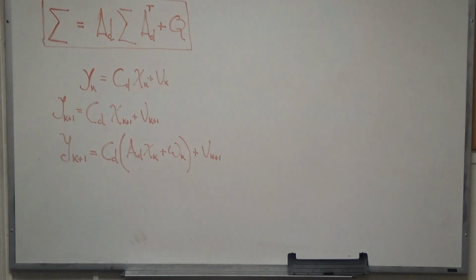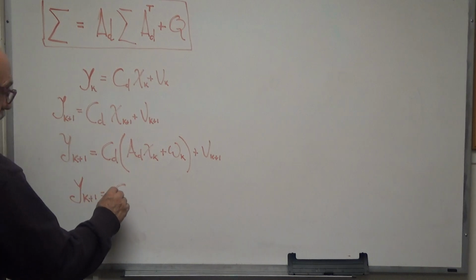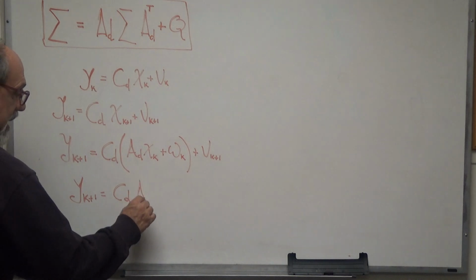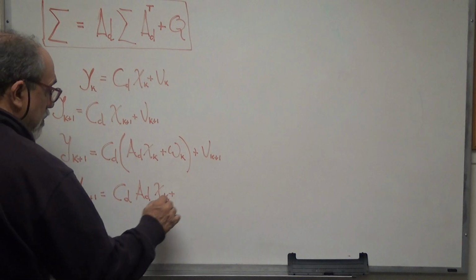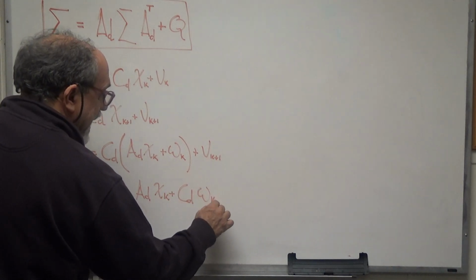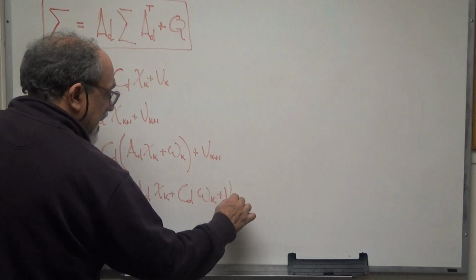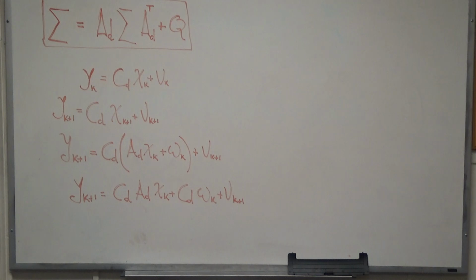Correct? Therefore, y at k plus 1 is equal to CD AD x at k plus CD omega at k plus v at k plus 1. Okay?